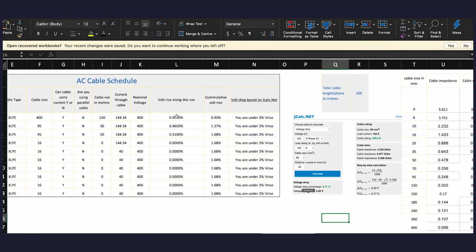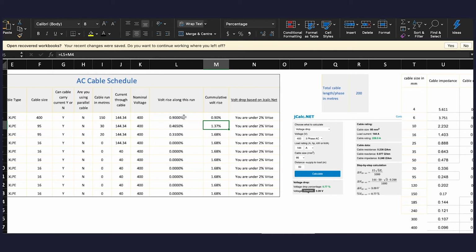What this spreadsheet does, it calculates the volt rise along the particular run, and then in the next column you're looking at the cumulative volt rise. So in this case here, you can see it's 0.9 because there's nothing before it. But over here, the cumulative volt rise is this figure plus this figure.